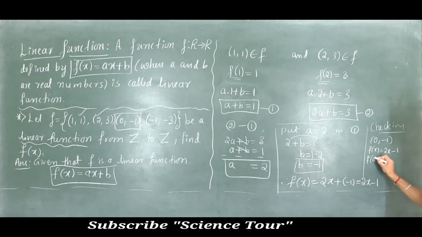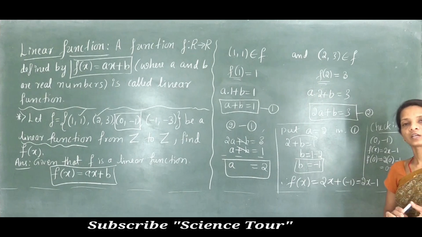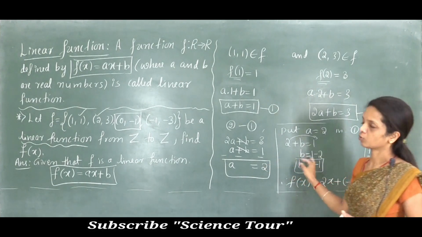So then what do we get? f of 0 is equal to 2 into 0 minus 1. 0 into anything is what? That is 0. 0 minus 1 is what? Minus 1. And we got the second element of that ordered pair, right? So if you get the second element on simplification by taking x equal to the first element, then the obtained function f of x is correct. Otherwise you have to check your steps.